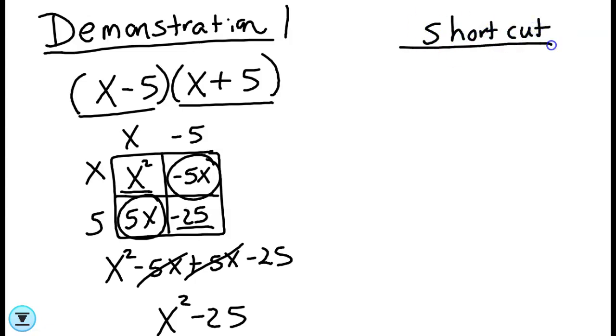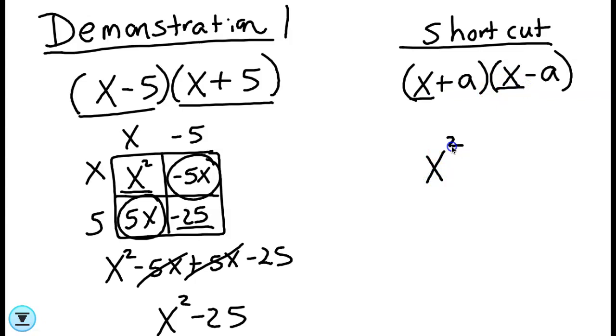So anytime you have two binomials that are exactly the same, with the one exception that one is plus and the other one's minus, why don't we just go ahead and say that the final answer is going to be the first term multiplied by itself, in other words, x squared, and then the last two numbers multiplied together, a times a, which is negative a squared.